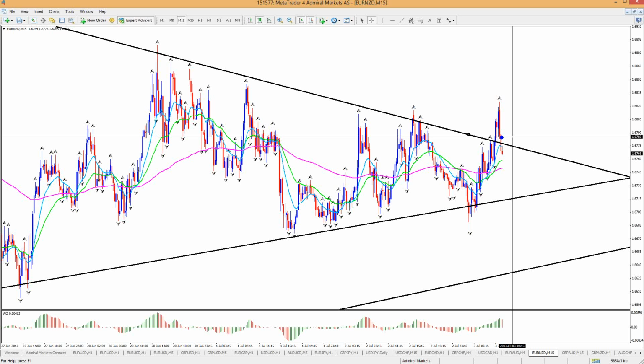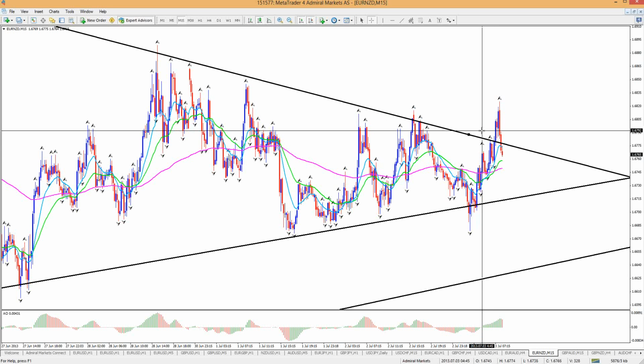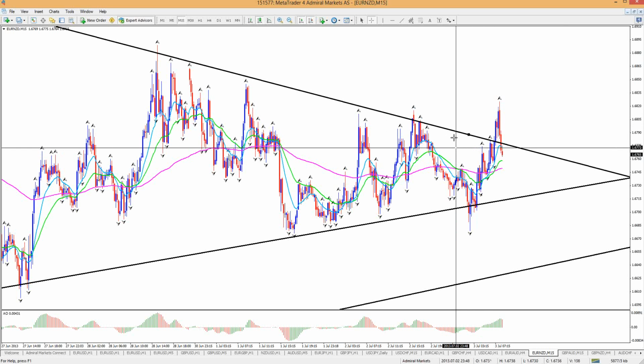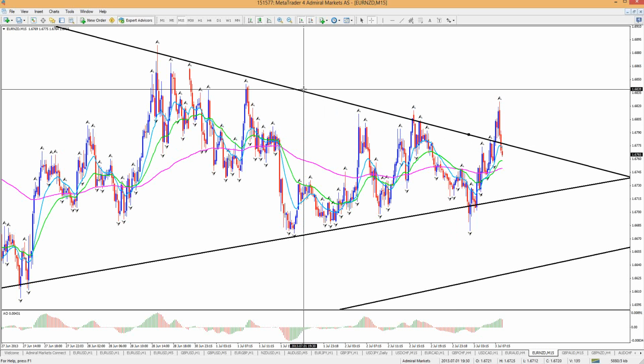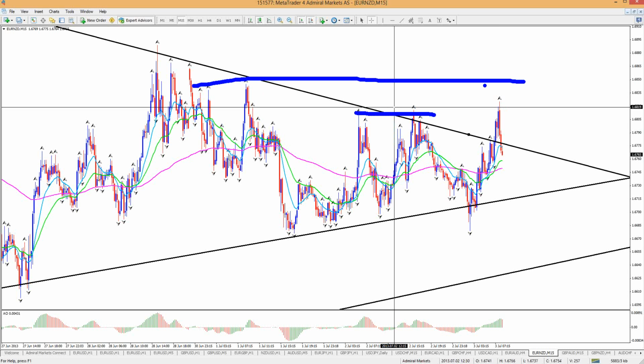Yeah, this was already like a 1.5 to 1 approximately in here, so I don't think I would be in that trade still. I don't know if I would have taken profit. It's a bit tough to tell you levels, so I'm not sure if I would have aimed necessarily for this one. If I would have aimed for this resistance level, I would have missed it. So it depends.